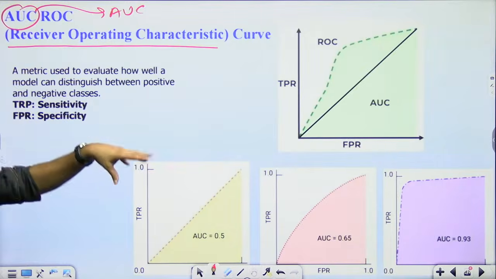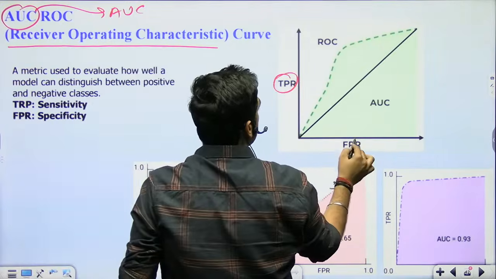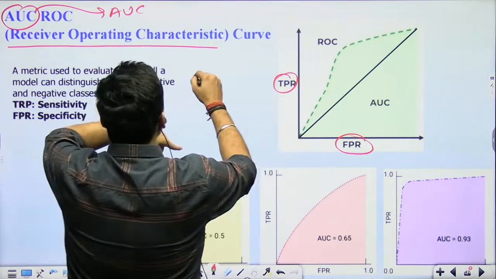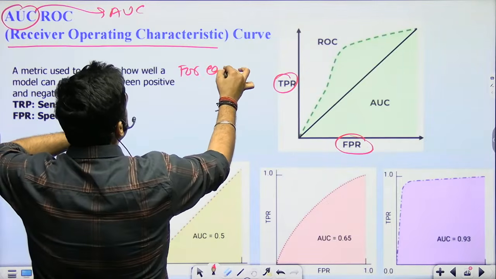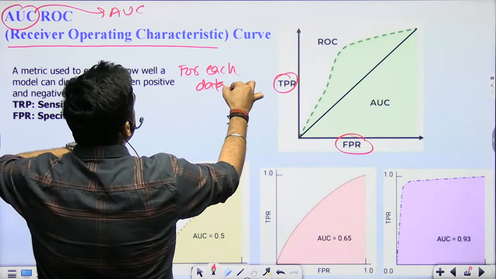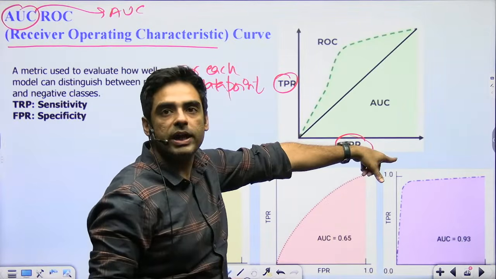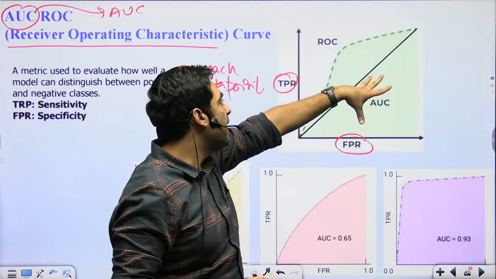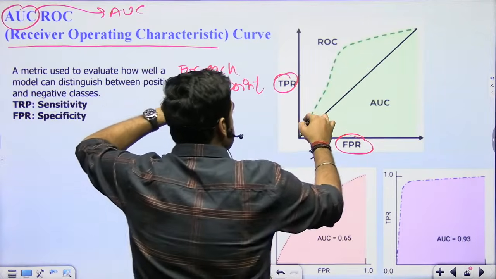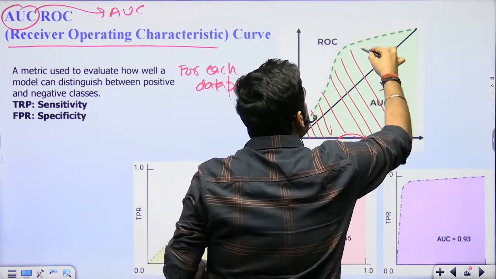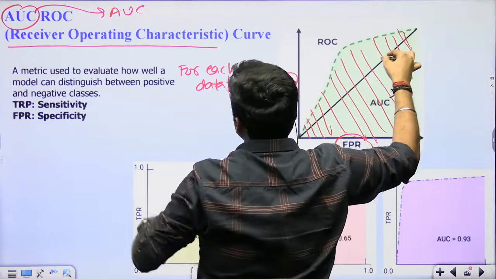That can be calculated by drawing a graph between true positive rate and false positive rate for every data point. The area under this curve tells us the AUC score.